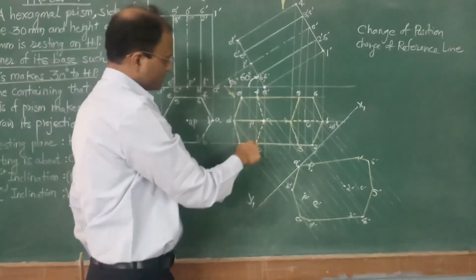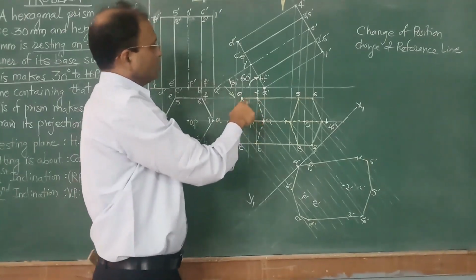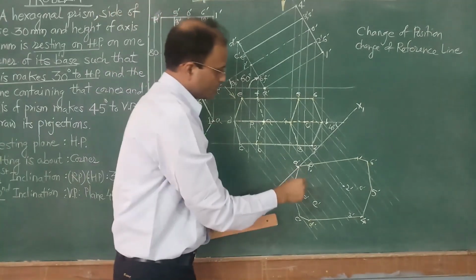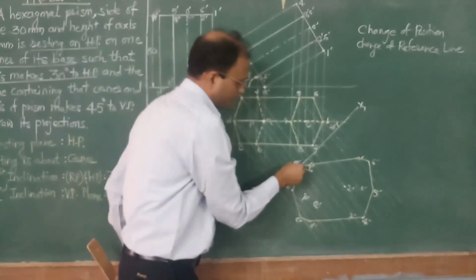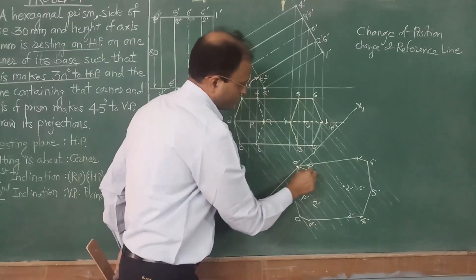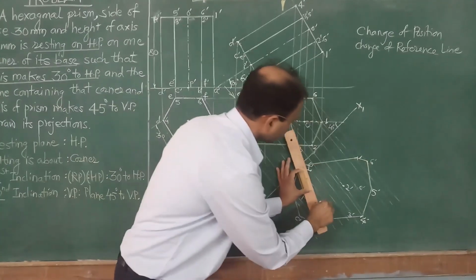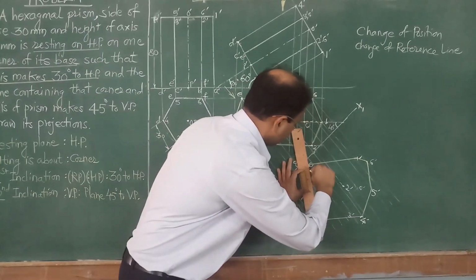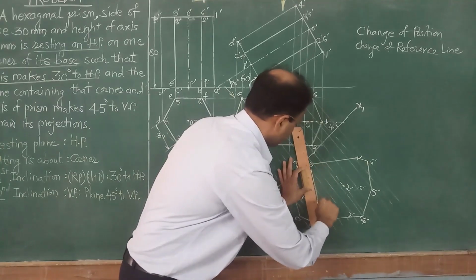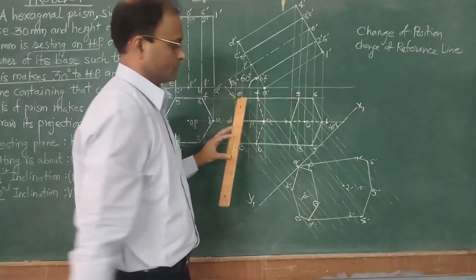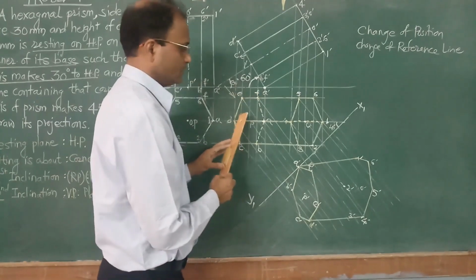So we can see the face ABCDEF, the base part of the prism, is nearest to the observer. So remaining points of the base must be connected by thick lines. So we can see A to F, then E, so EF, and DE is the base part.